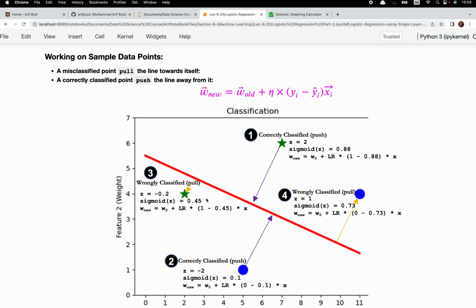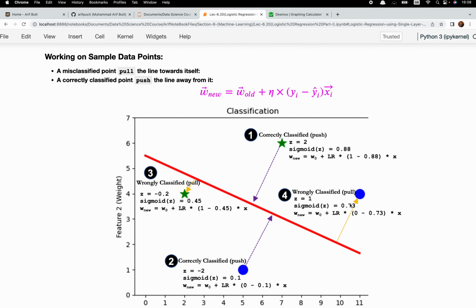So this point 3 will pull the line towards itself, that is downward. And finally, this fourth point is also wrongly classified, having say a z value of 1 and a y hat of 0.73. So this y minus y hat becomes negative 0.73. So this point 4 will pull the line towards itself, that is upwards.